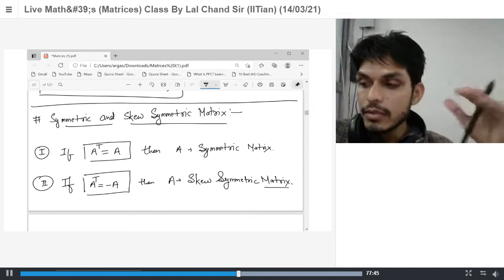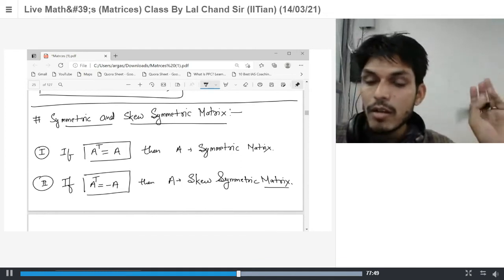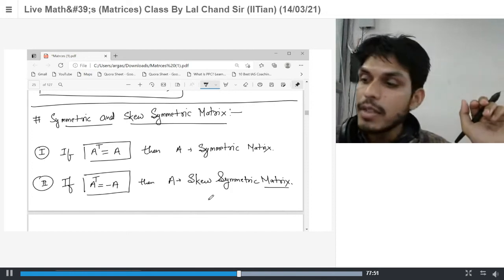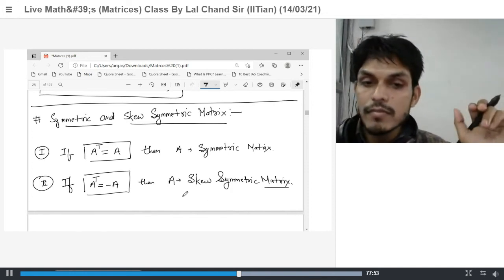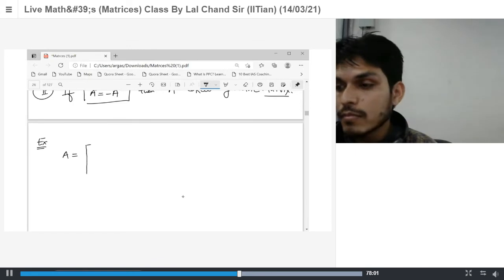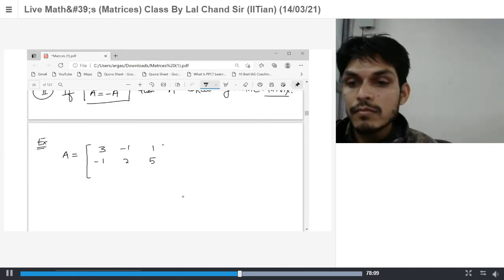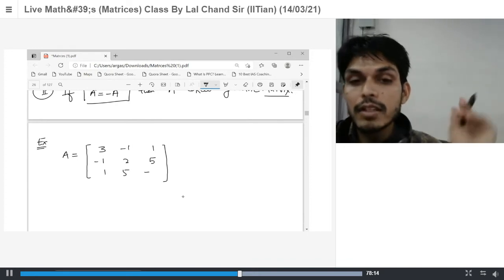Okay, so this is clear to you. If I write down some example for this, okay, this matrix.